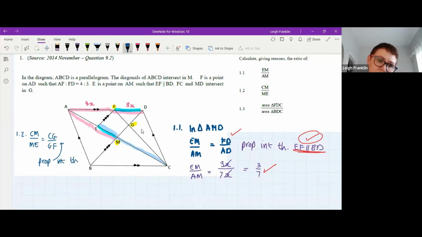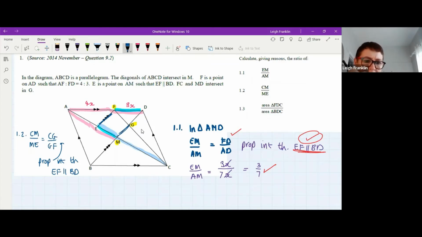And that is because EF is parallel to BD or MD. Okay, so this line over here is parallel to that one over there. That's why we can say this.